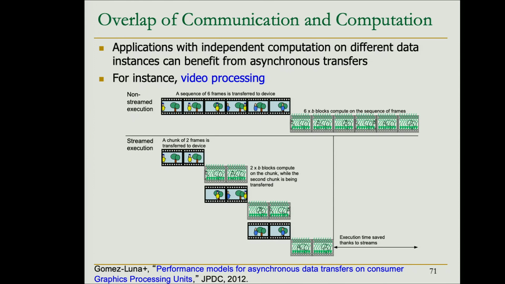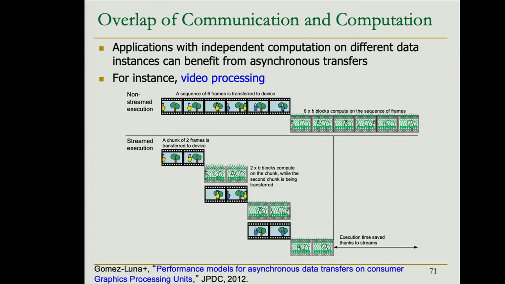But if you do this stream execution, you can transfer a chunk of frames, and while you are computing on this chunk of frames, you can transfer the next chunk of frames. And you save all this amount of time. Okay? Clear?